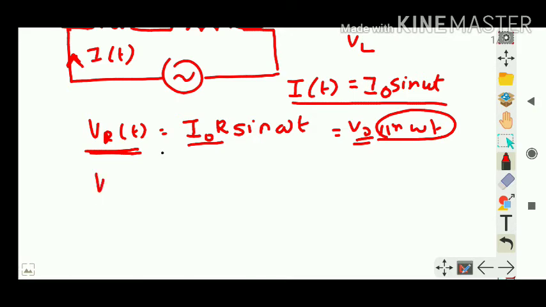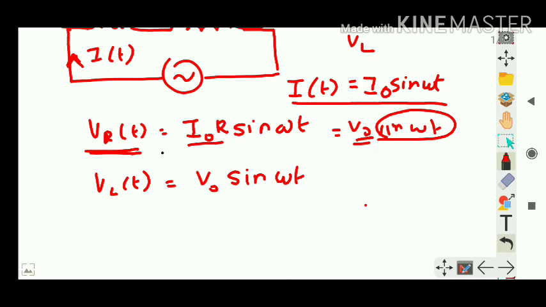Then VL of t, that is the potential difference across the inductor, which I have taught you earlier. In the case of an inductor, the current lags behind EMF by pi by 2, a 90-degree lag. I could write it as epsilon and epsilon naught, but I can also write it as V naught sin omega t.